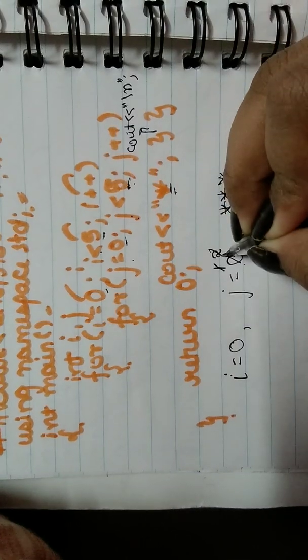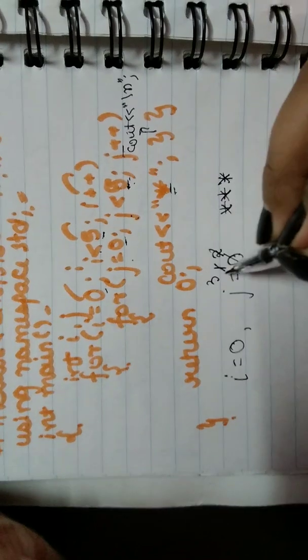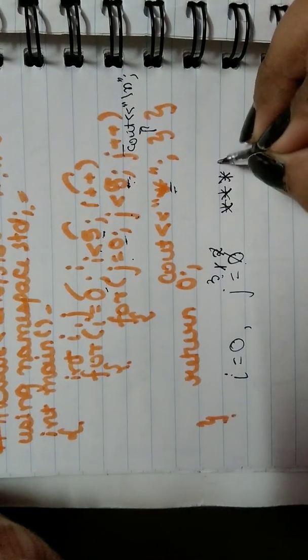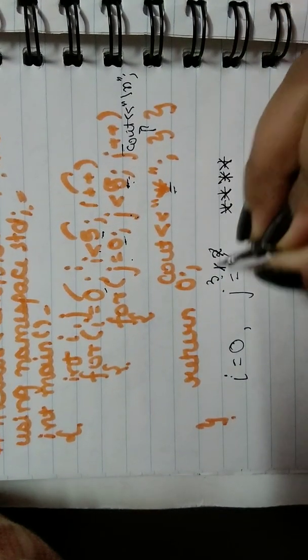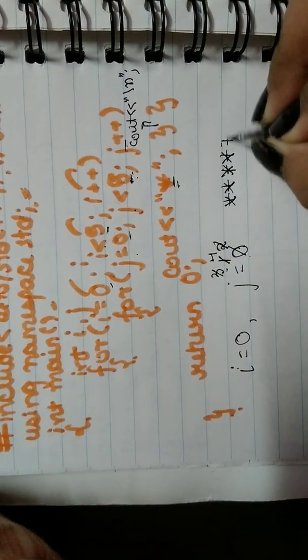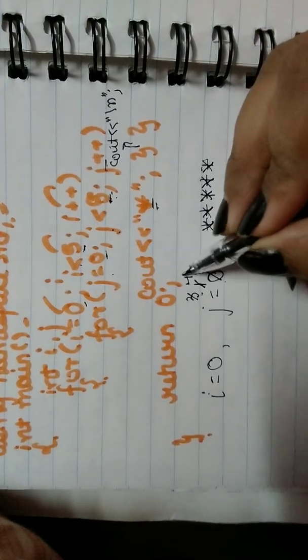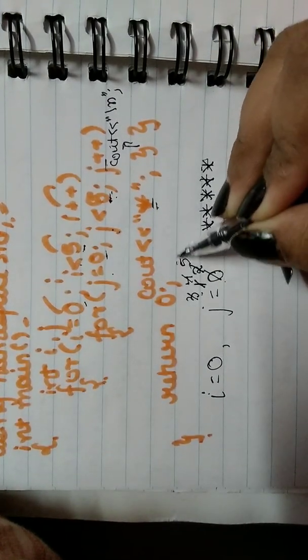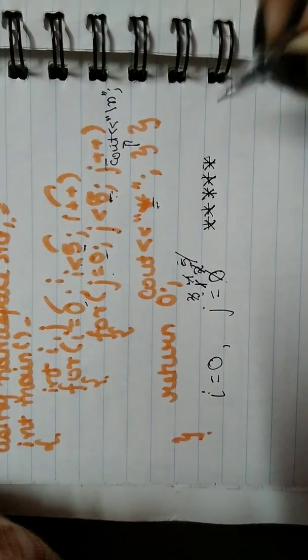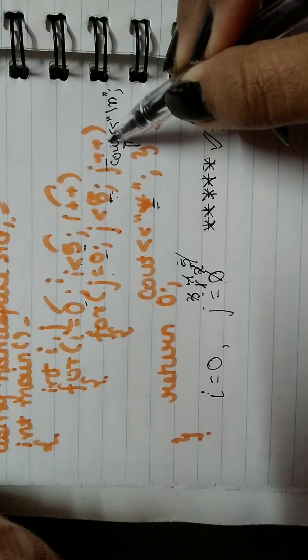Now the j value becomes 3, the condition is still true, it will print. Now the value of j becomes 4, it is true, it will print. And now the value of j becomes 5. 5 is not less than 5, so our j loop terminates here. So this is the output that we get after the first iteration of i.